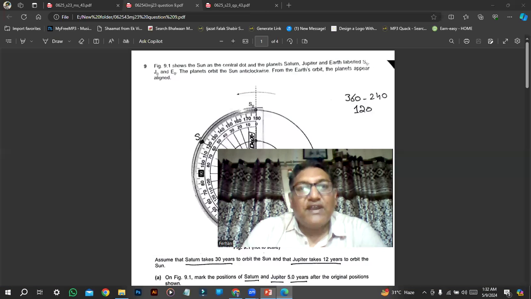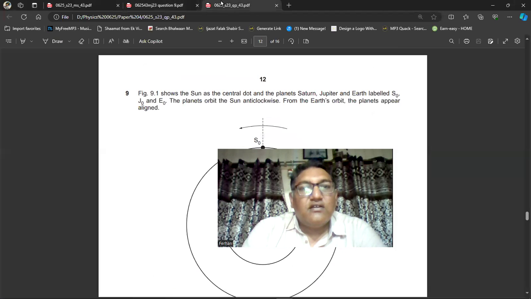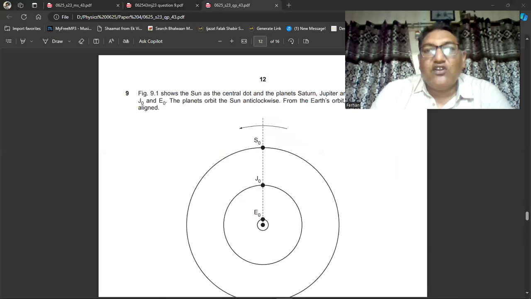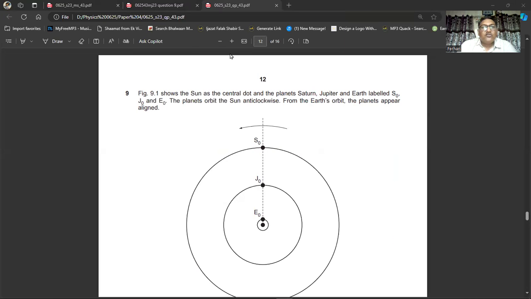Okay, so here we have that paper, and question number 9 of that paper is showing up on your screen. It says the figure 9.1 shows the sun as the central dot and the planets Saturn and Jupiter and Earth labeled S0, J0, and E0.